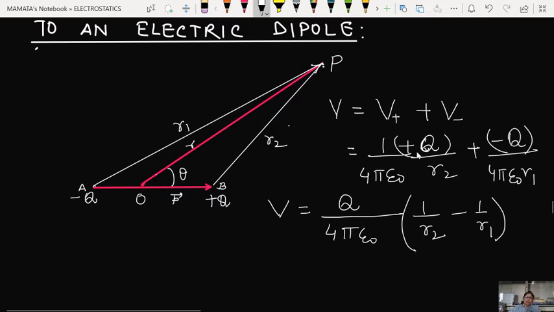Now from the figure we have to calculate the values of R1 and R2 in terms of r, half of the dipole length l, and the angle made by the position vector with the dipole moment. So we have to add some geometry to the figure.